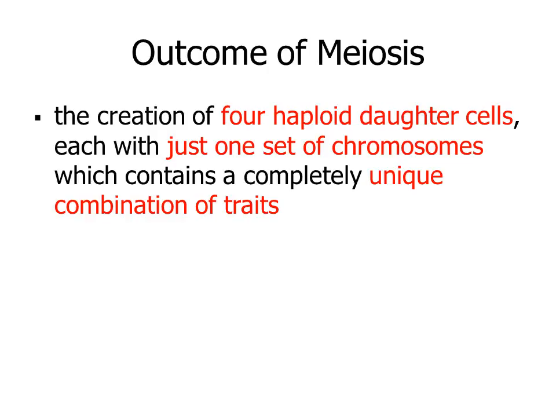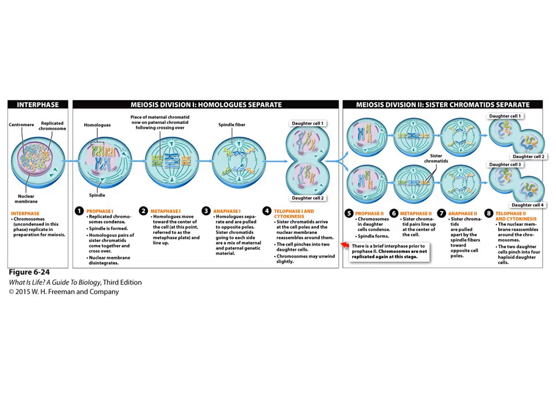Okay, so the outcome: 4 haploid daughter cells, just 1 set of chromosomes, unique combination of traits, unique combination of alleles. This is the entire meiosis process. All I want you to know here is that there's 2 rounds of division. Okay, so it kind of looks like mitosis, but there's 2 rounds of it, and in the second round you see how we end up with 4 cells instead of 2.